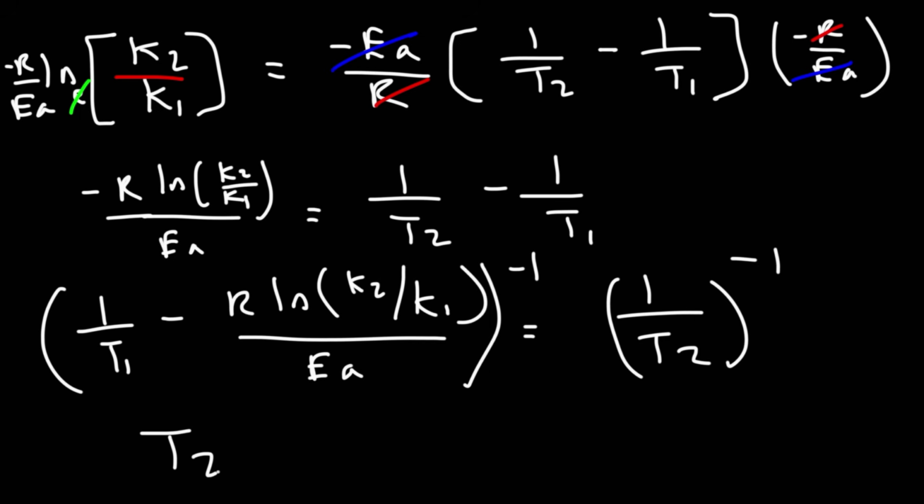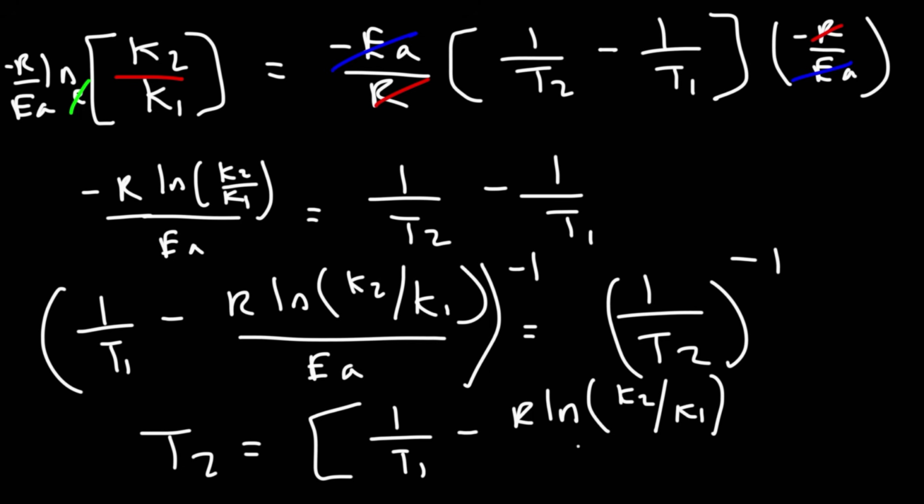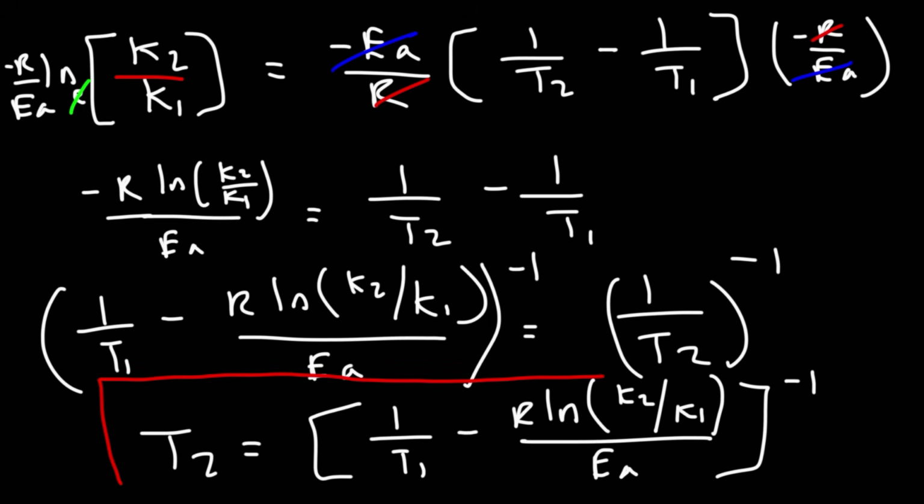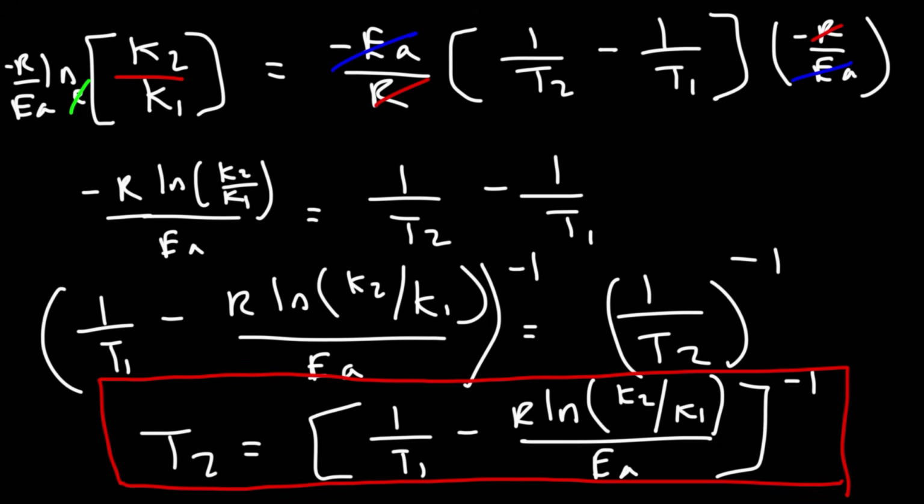So we get this equation: T2 is equal to 1 over T1 minus R ln K2 over K1 over EA, and this is raised to the negative 1 power. So this will help you to calculate the second temperature if you know the second rate constant and if you know the activation energy. So those are some formulas that you want to use when solving problems associated with the Arrhenius equation, activation energy, the rate constant, and things like that.